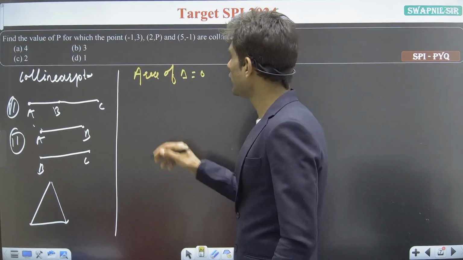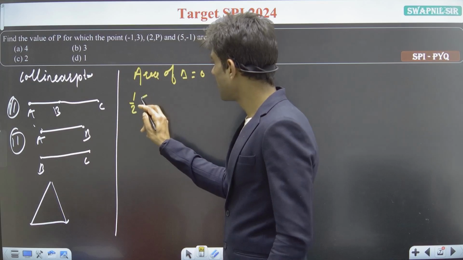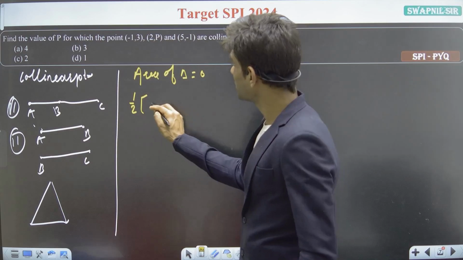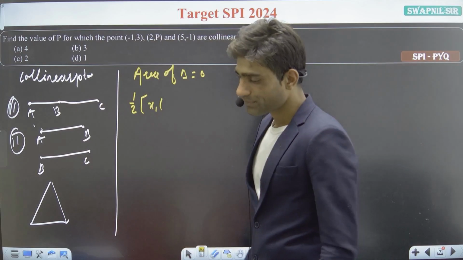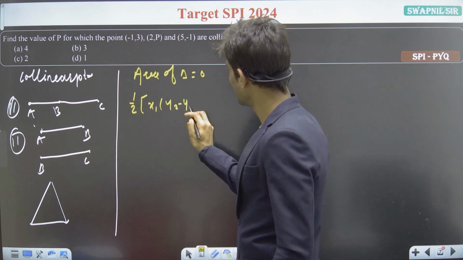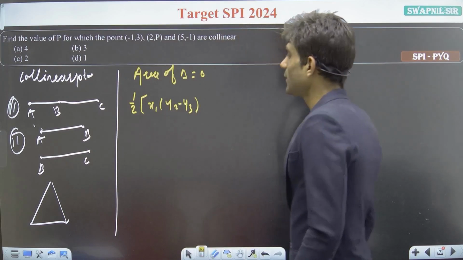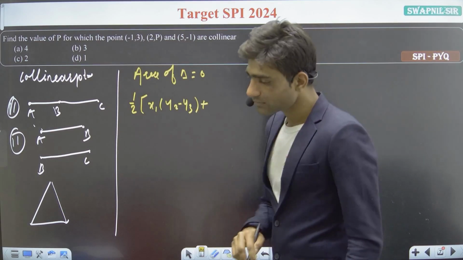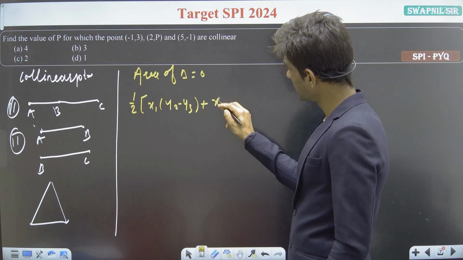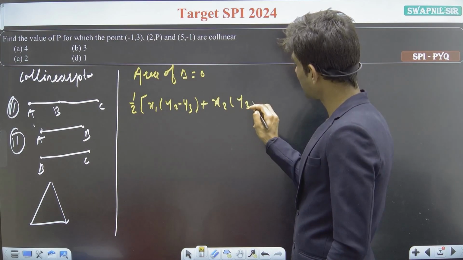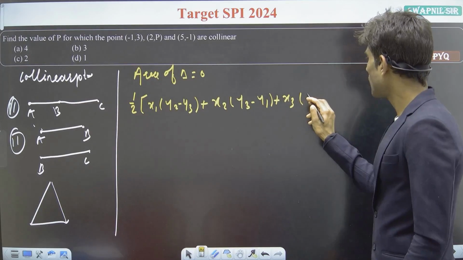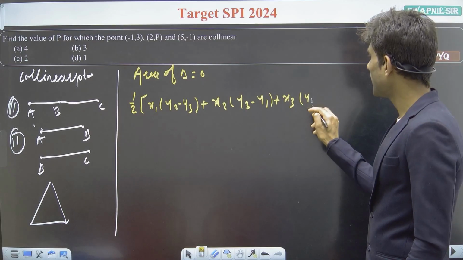And we write the area of a triangle as 1/2 [x1(y2 minus y3) plus x2(y3 minus y1) plus x3(y1 minus y2)].